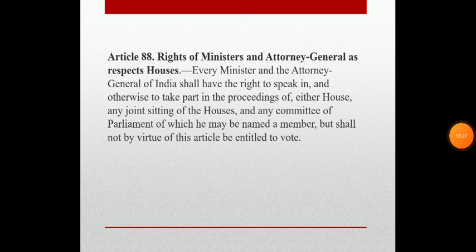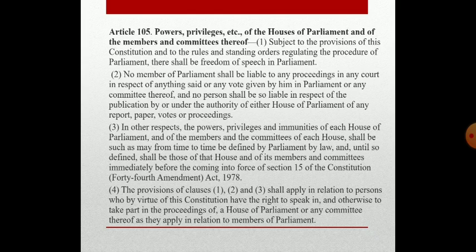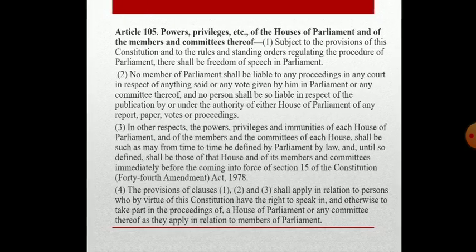So now I think it is very clear who are the persons who may take part in the proceedings and who have the right to speak in the Parliament. Okay, so we must also know that apart from the members of the Parliament, apart from the members of the various parliamentary committees, and apart from the Houses themselves who have the powers, privileges and immunities, these are the Attorney General as well as the various ministers.